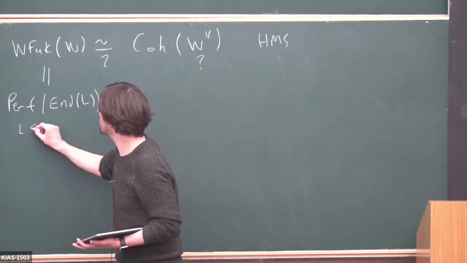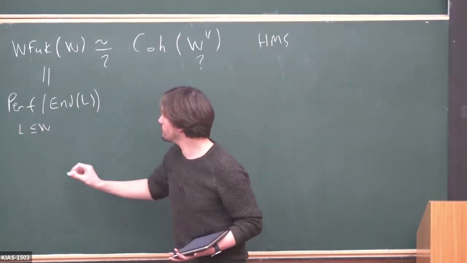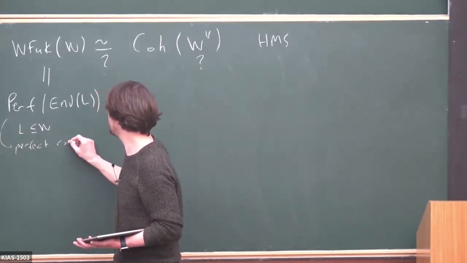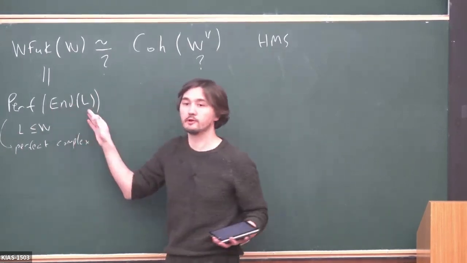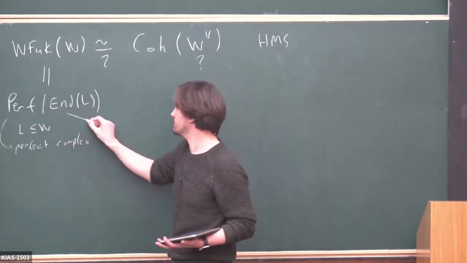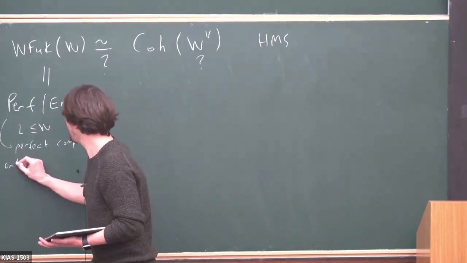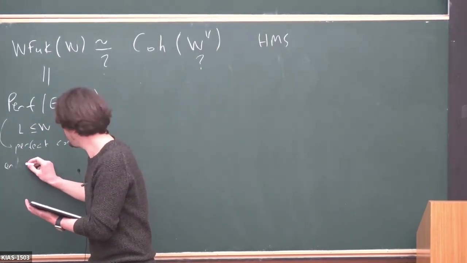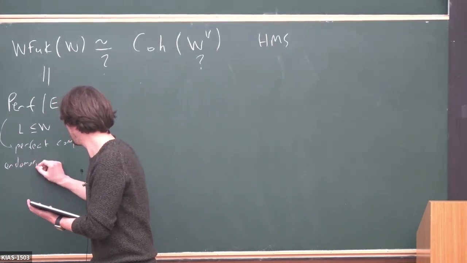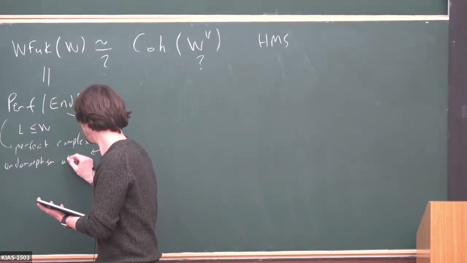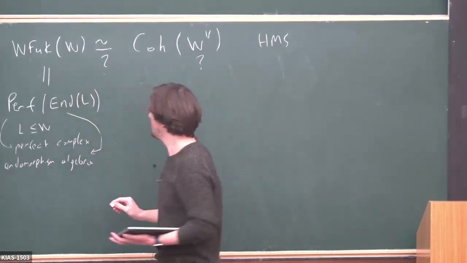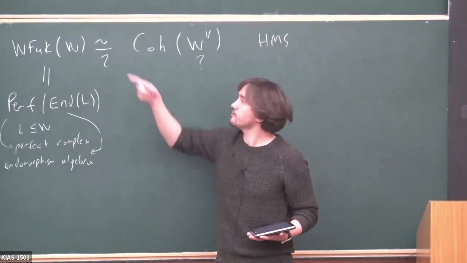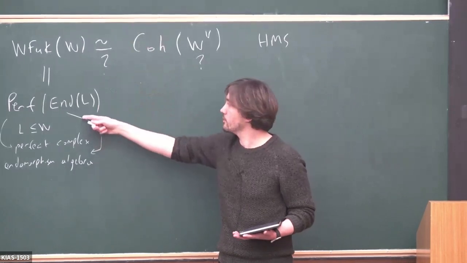So L is some Lagrangian in W, and perf means perfect complexes, some perfect complexes over this endomorphism algebra. This is the endomorphism algebra of L, the endomorphism algebra in the Fukaya category.